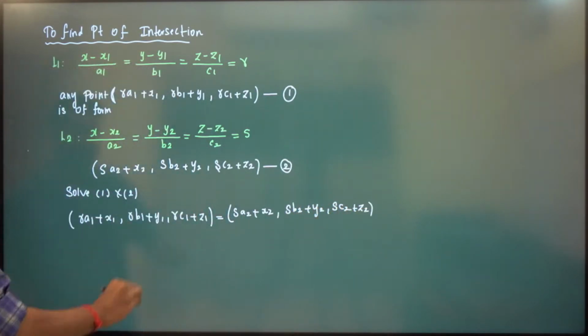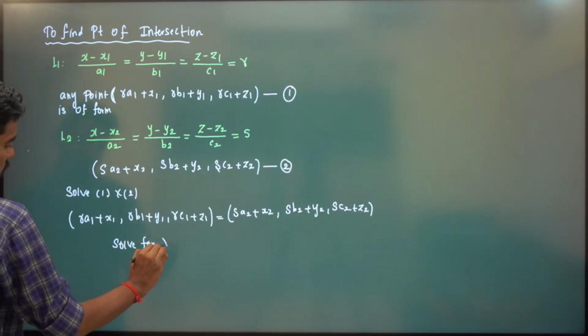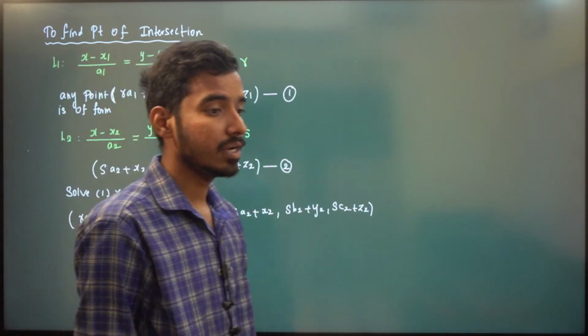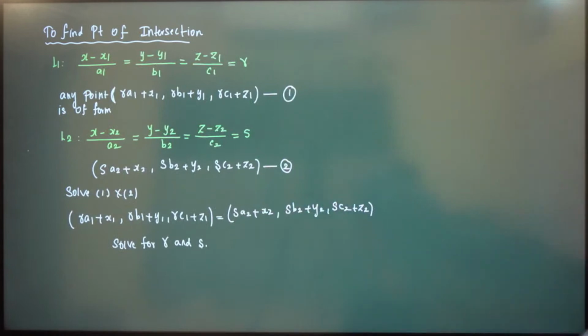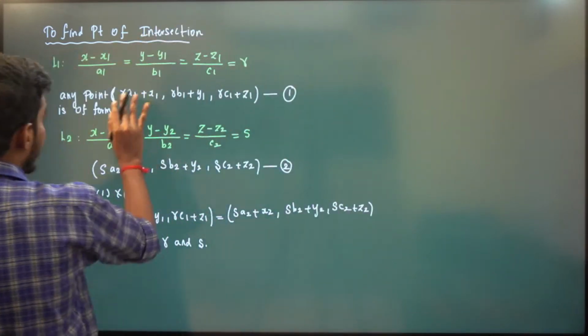Right, now equate and solve for R and S. We just equate the terms and solve for R and S. You will get the value of R and S, which you can easily substitute back here to get the point of intersection.